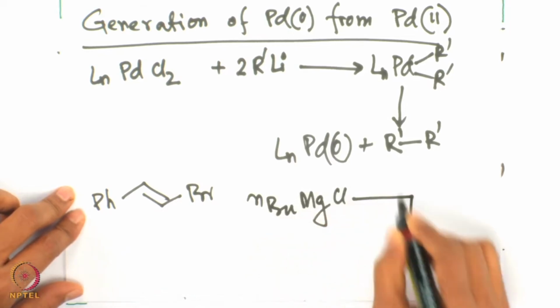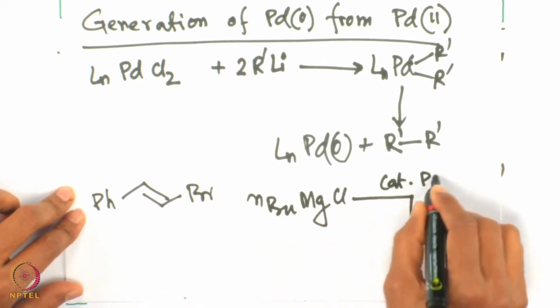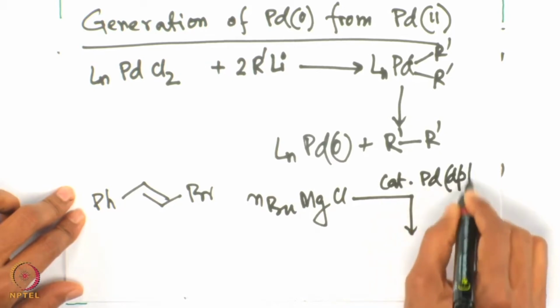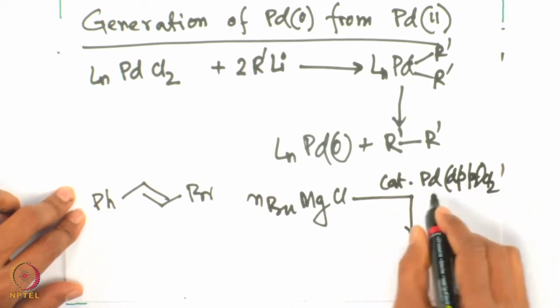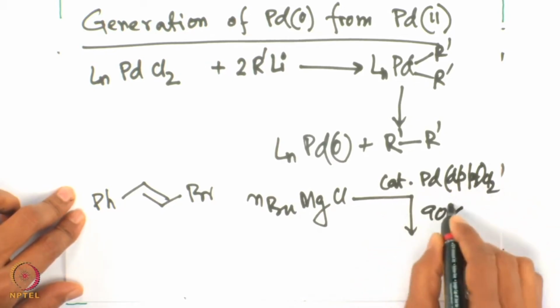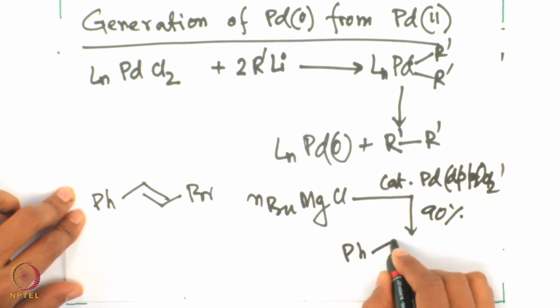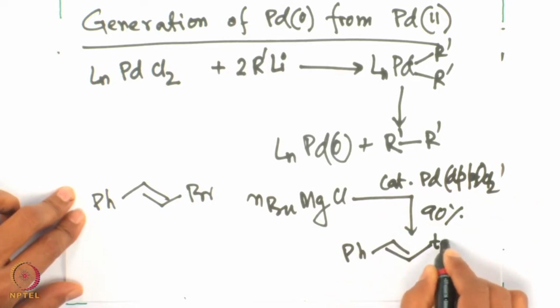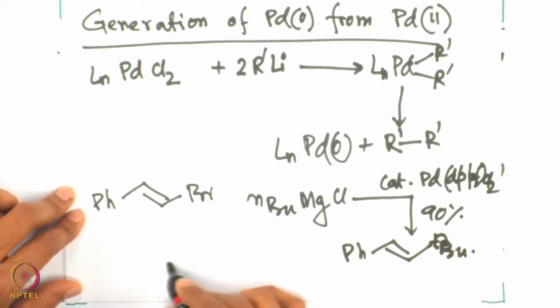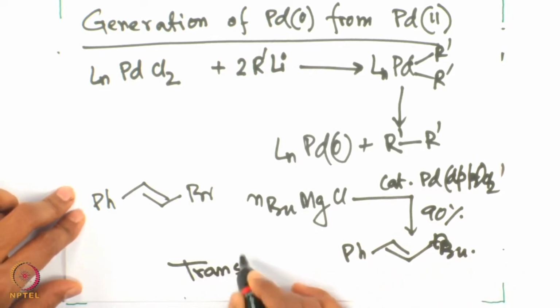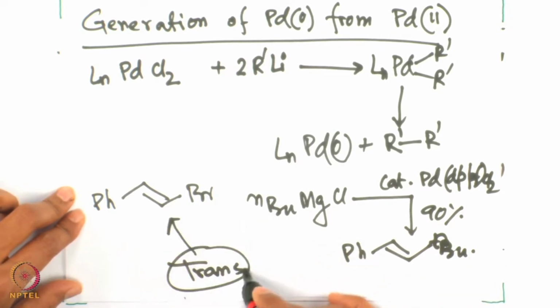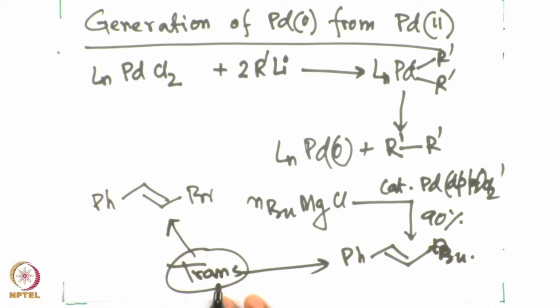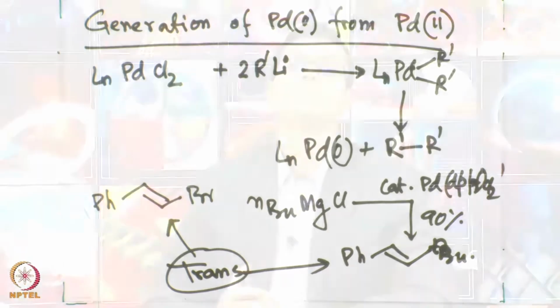If you are using a catalytic amount of Pd(dppf)Cl2, you get a 90% yield of the product, the N-butyl compound, over here. This is trans geometry, both in the starting material and in the product. That is very interesting: both the starting material and the product have the same geometry.